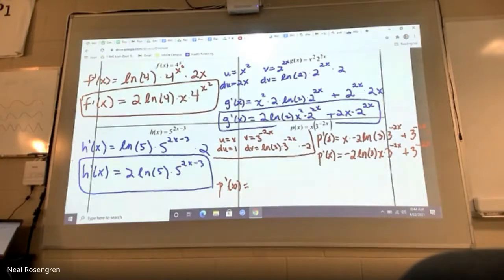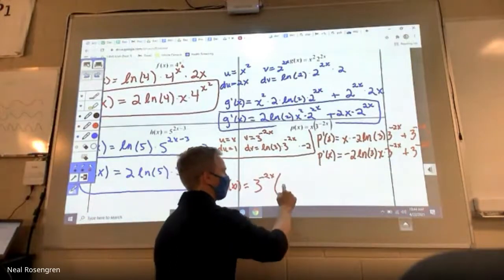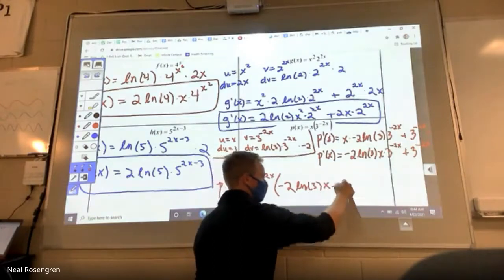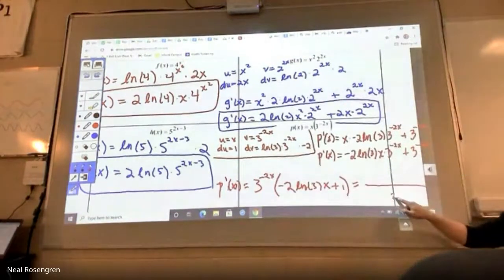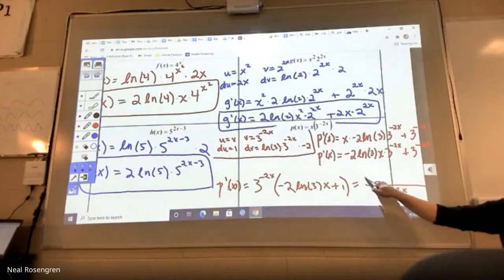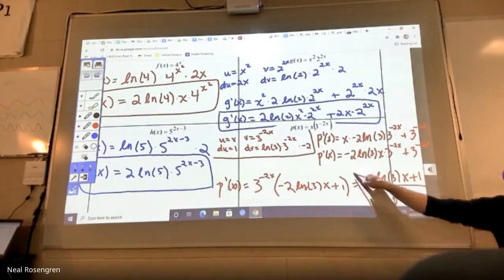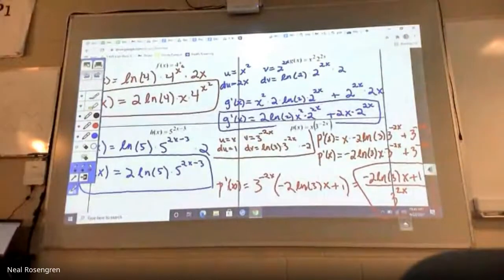And so while factoring up top with the one in blue really didn't do much for us, I think factoring out this 3 to the negative 2x now, negative 2 ln of 3x plus 1, makes this a whole lot nicer because now single rational function, 3 to the 2x on the bottom, negative 2 ln of 3x plus 1 on top. I like that a lot. That looks really good.